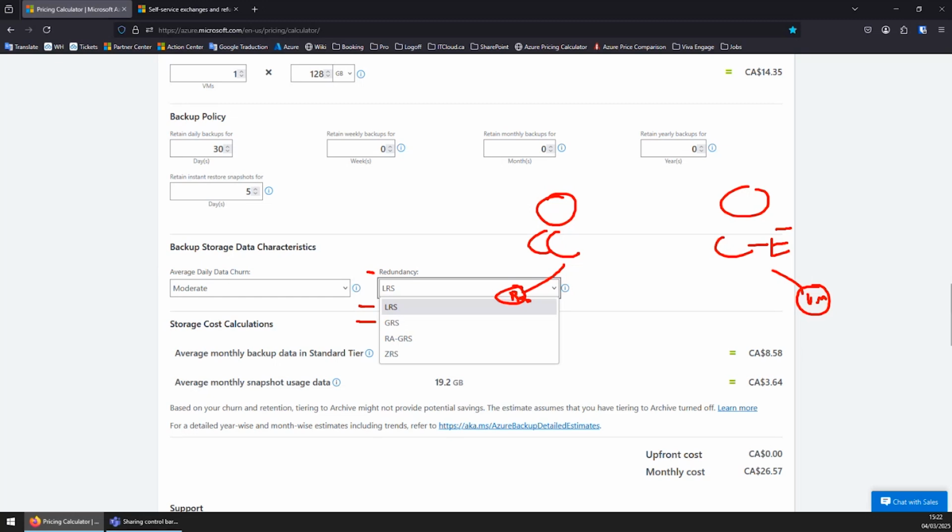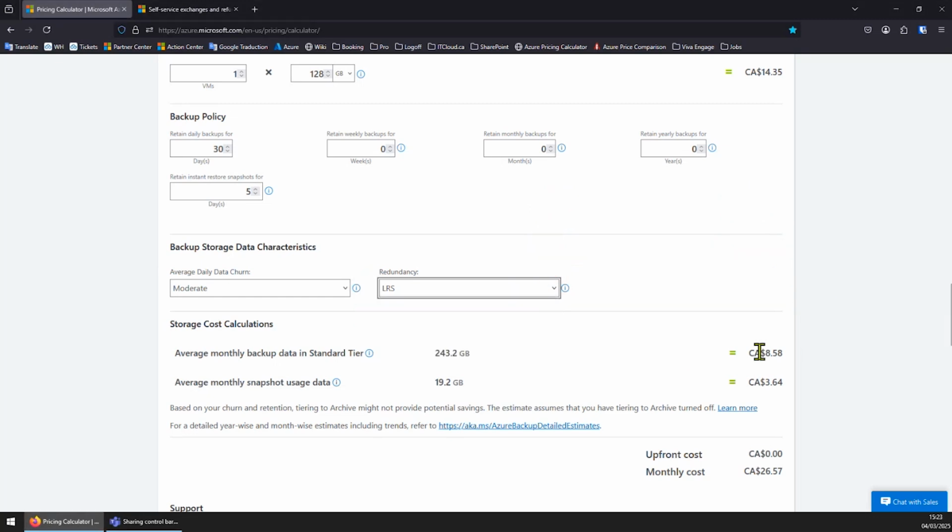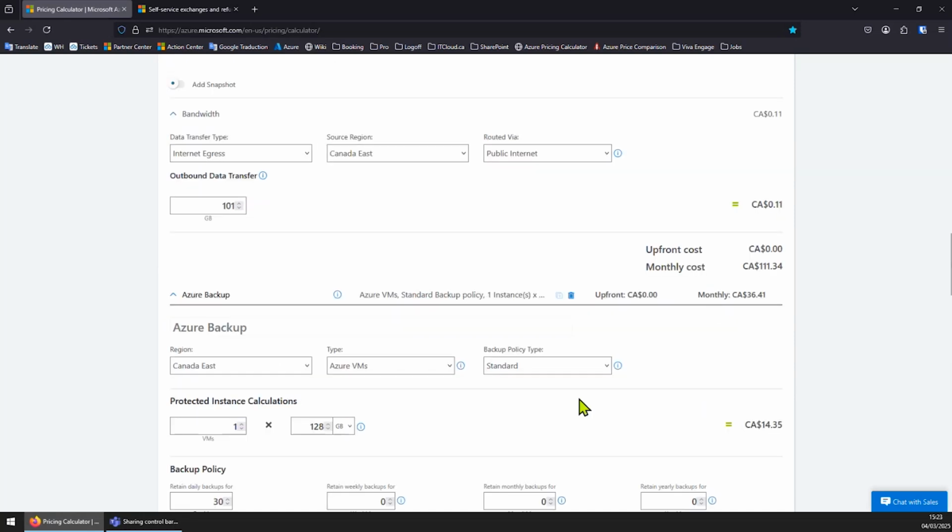Could be great, but for sure there is a price for that. To have the server at the same place as the backup, it's 8 and something, and if we play with the geo-redundant, it's double, but you will have data in both places. So here we are, 36 only for the backup, 30 days, two data centers, and 5 days of instant restore snapshot.